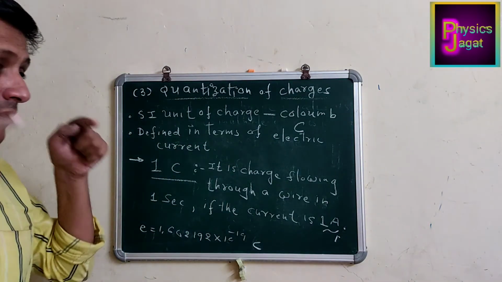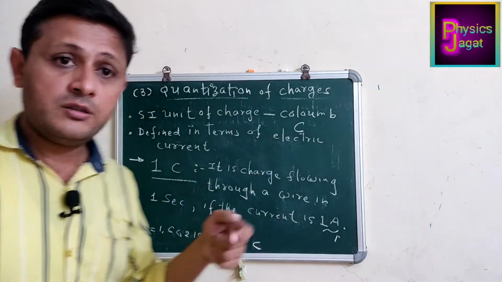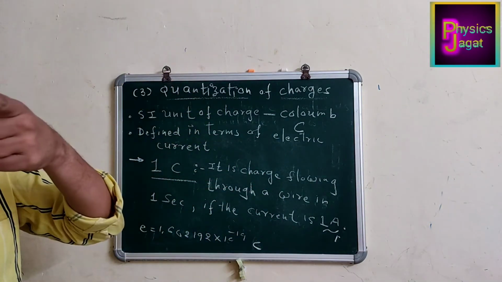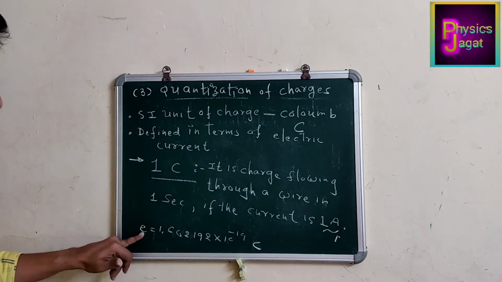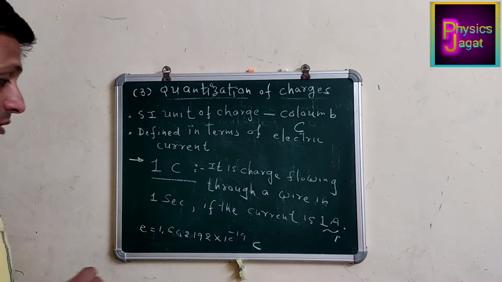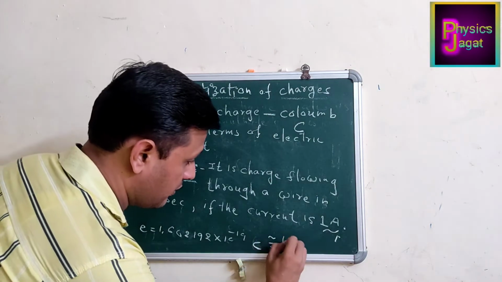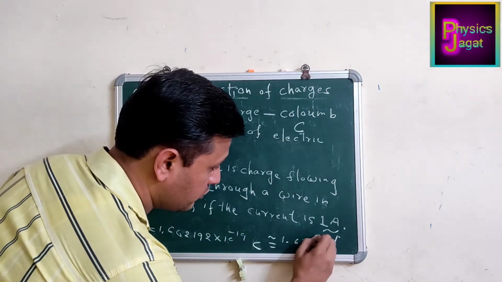So if you give 1 ampere of current to the wire, the charge flowing through in 1 second is 1 coulomb.